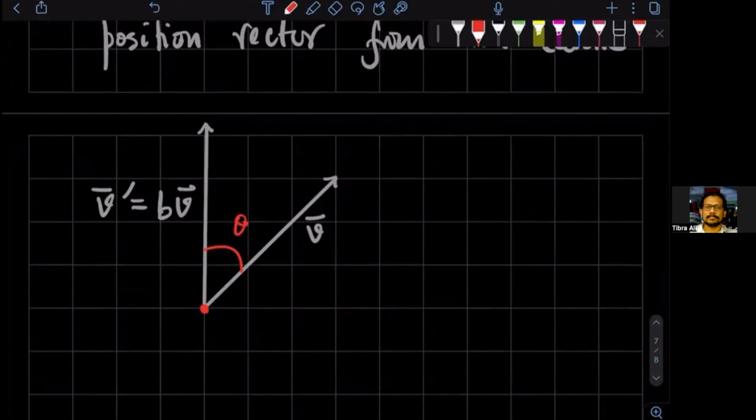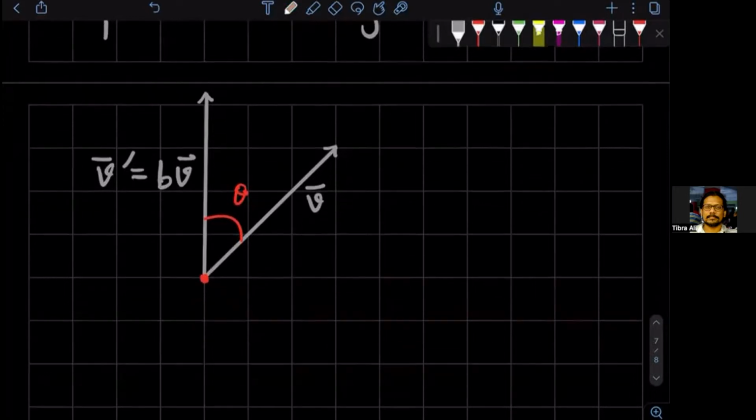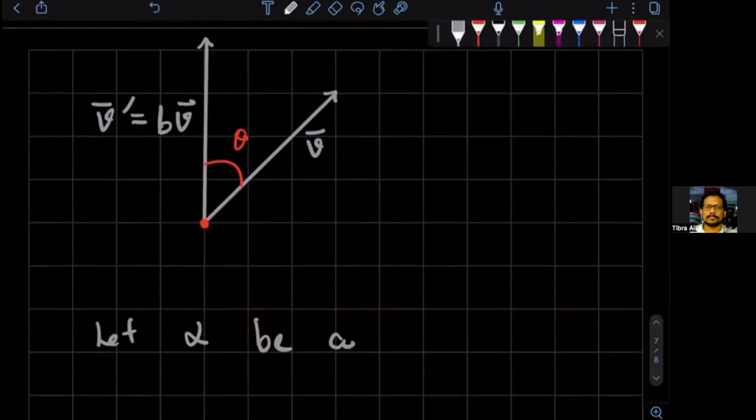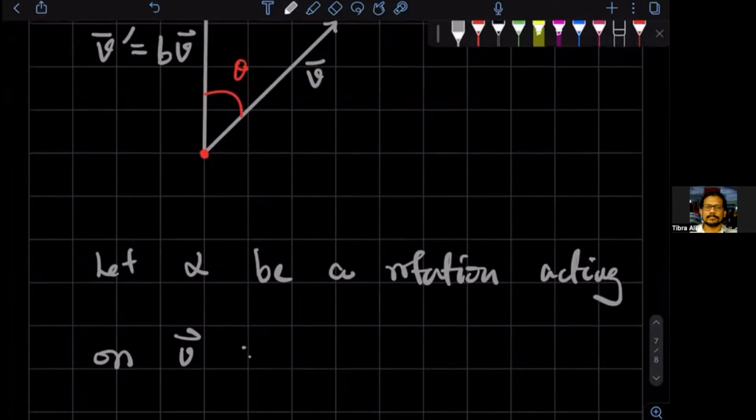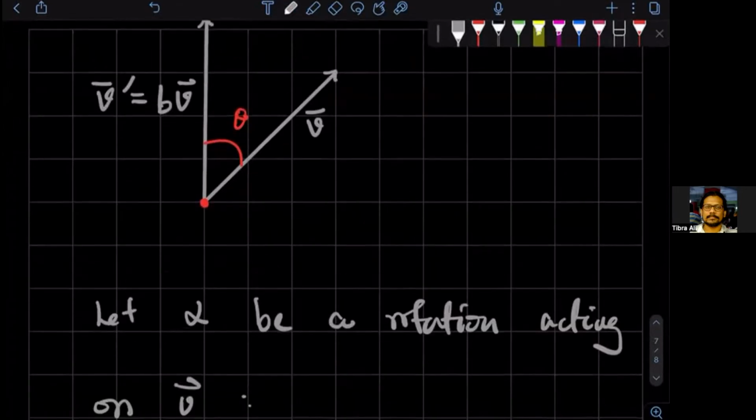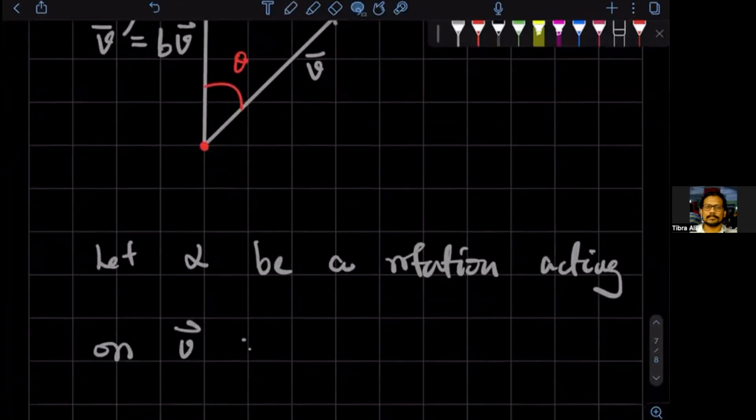Okay. So now let alpha be, say, a rotation or another transformation, now acting on V. So alpha takes this V to something else.